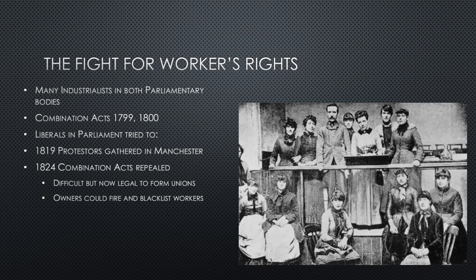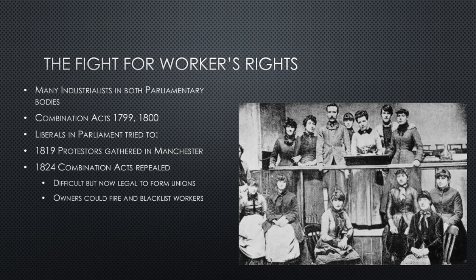And furthermore, that worker might be blacklisted by the owner. What this means is, basically the owner would tell all the other factory owners in the area, or even further, not to hire this worker. He's a troublemaker or whatever. And then the person who just lost their job can't find another job because none of the factories will hire them because of what this factory owner said. And again, you can imagine, you have a family, maybe your whole family gets fired and blacklisted.